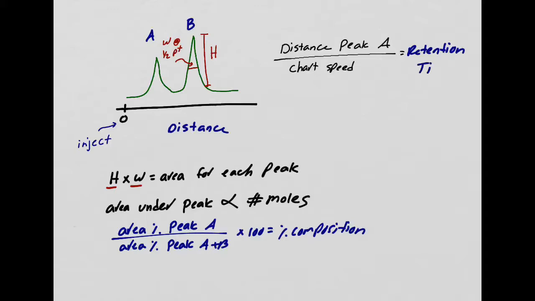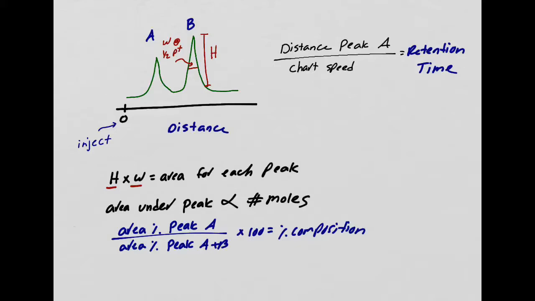Now, what I really want you to know, I want you to understand what it means, not all these fancy formulas. Basically, retention time is the time it takes for a compound to go through the GC column. So here I inject, this is the time it takes for A to go through the GC column, and then the time that takes for B to go through the GC column.